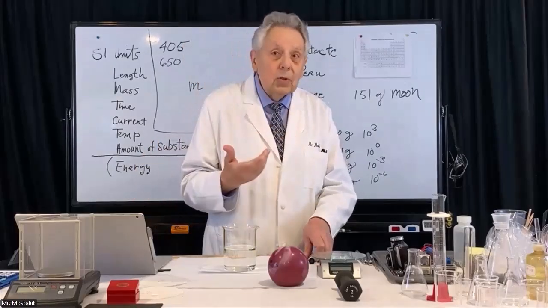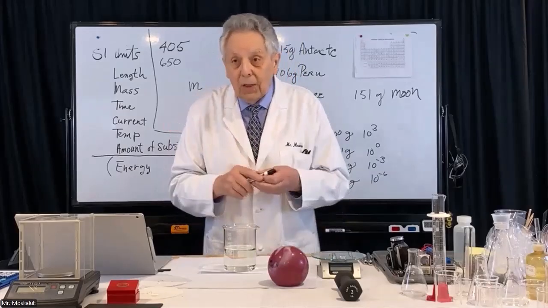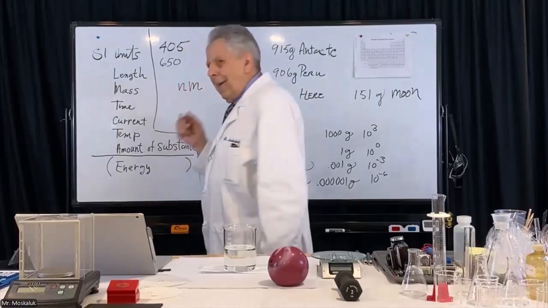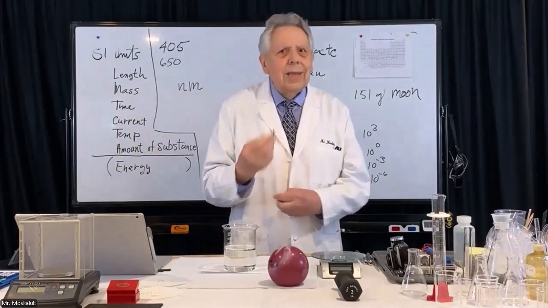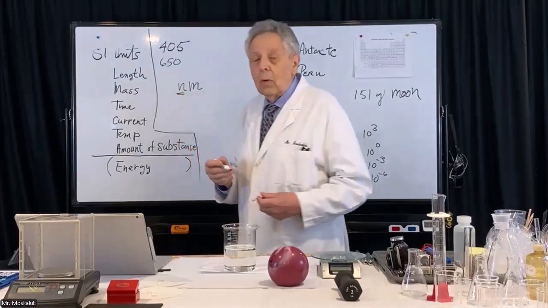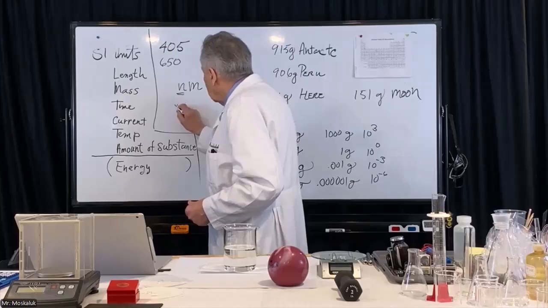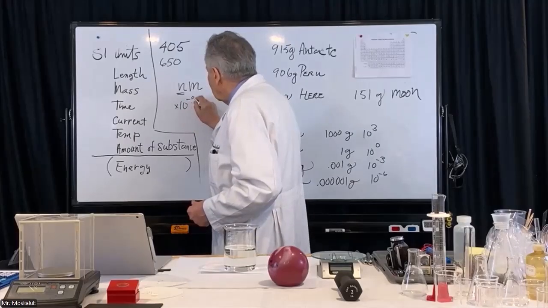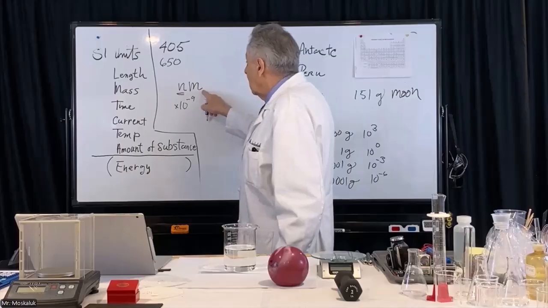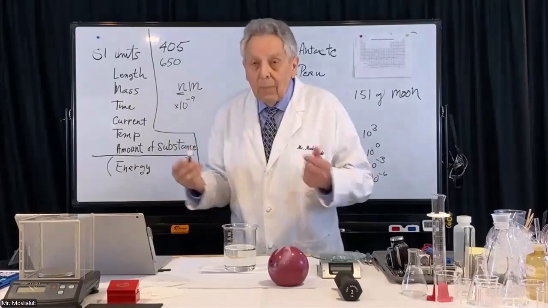In fact, the unit you're going to see for length in AP chemistry and almost every test will be the nm, the nanometer. And this is a prefix that stands for a number. In this case, a nanometer stands for times 10 to the negative 9, a billionth. So when I say a nanometer, I'm saying 10 to the negative 9 meters, a billionth of a meter.